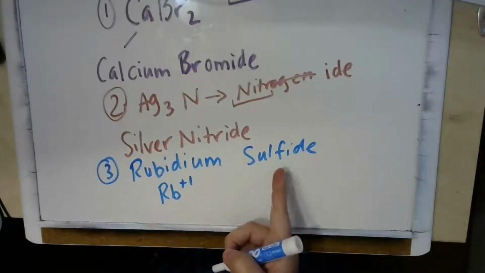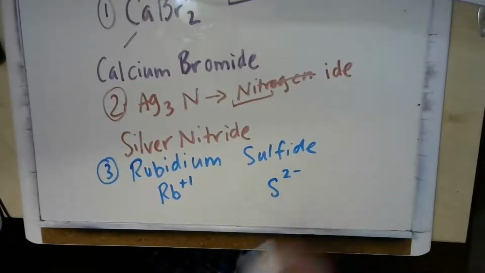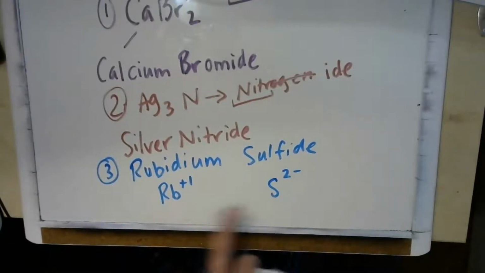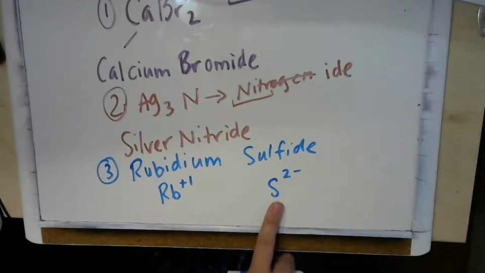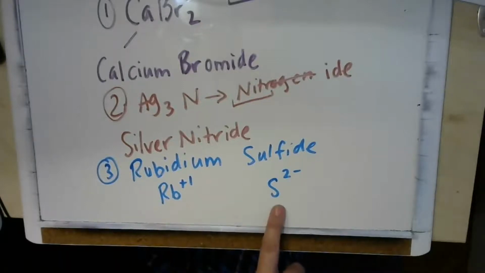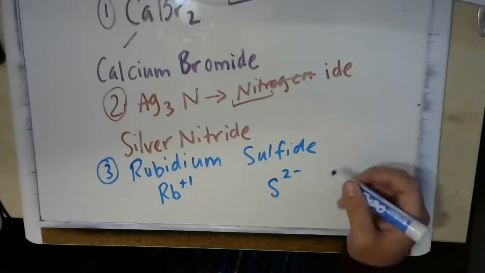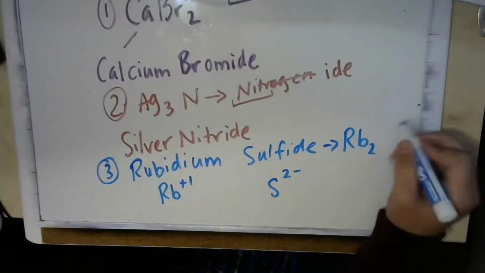Then I have to look up sulfur and write it in its anion form. Then I have to ask myself, how many rubidiums am I going to need to balance out the charge of this sulfur? Because for an ionic compound to form, we have to have charge neutrality. So I'm going to need 2 rubidiums for every 1 sulfur to form a neutral compound. So my formula here will be Rb2S.